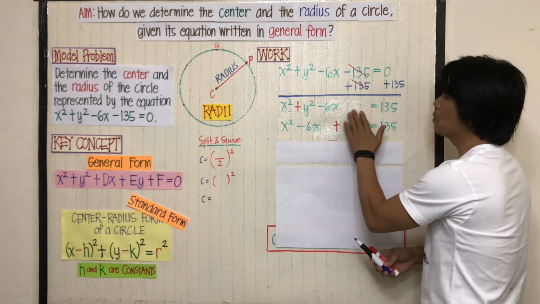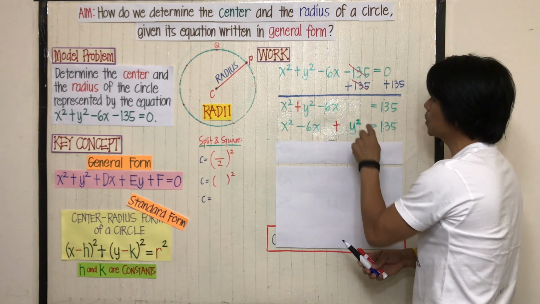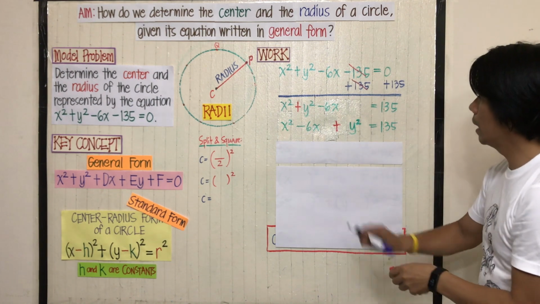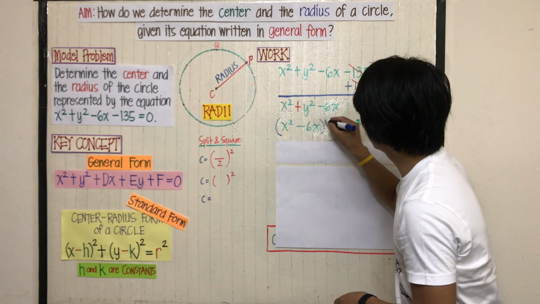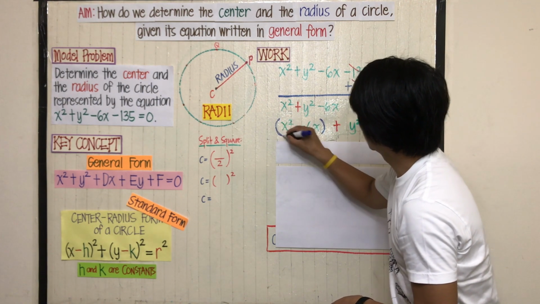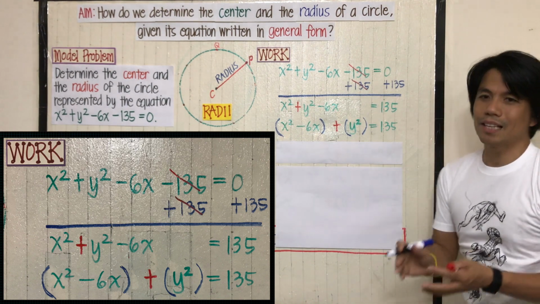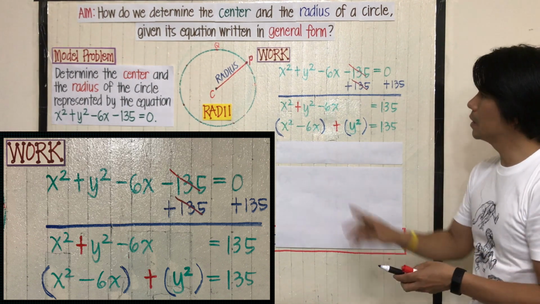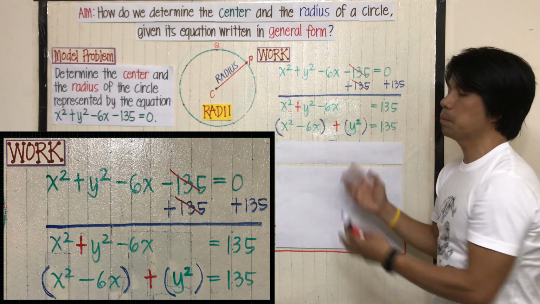Since there's no other y terms here, y squared is just by itself. Now let's group them together. I'm going to put a parenthesis around them, and also with this. So basically that's step 2. Since the terms here are commutative, you can switch the positions.